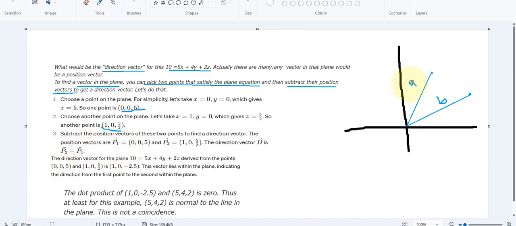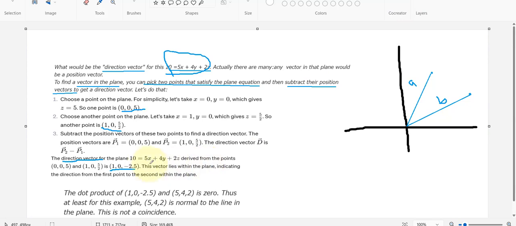I call them A and B. And if we do that, we get what we call a direction vector. If we subtract those two, that's what we get. So that's an example of a direction vector for this plane.